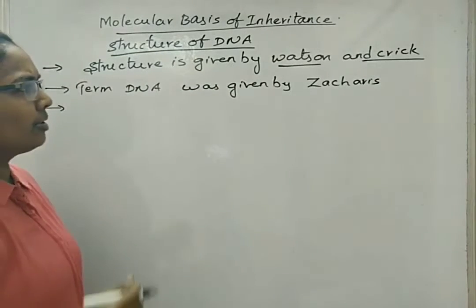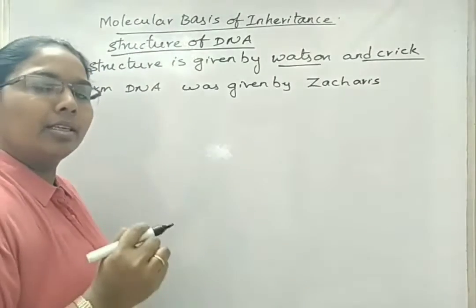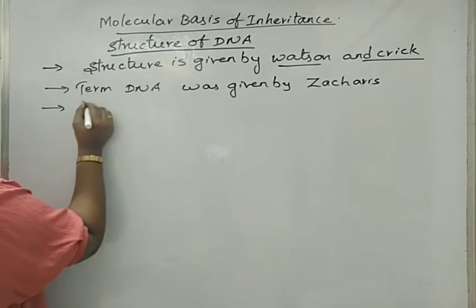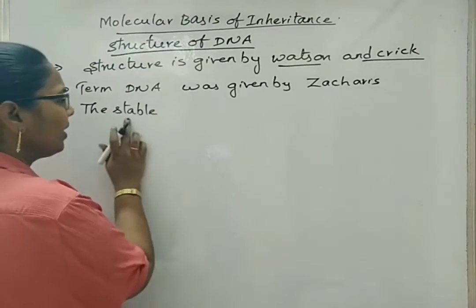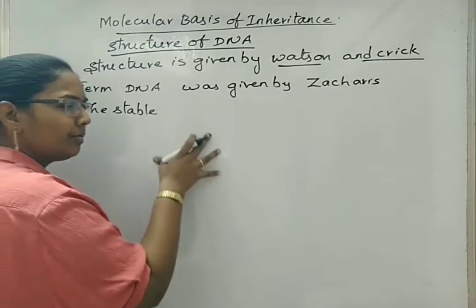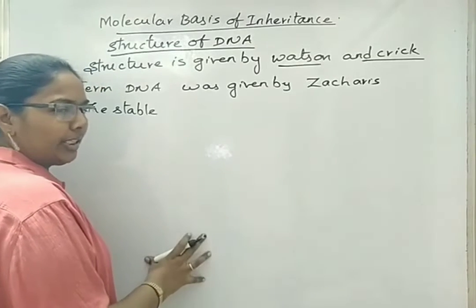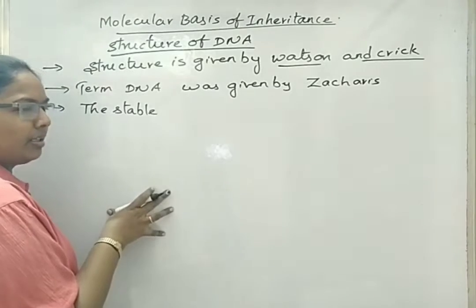The strength and stability of the DNA molecule is because of a special feature called the repair mechanism. Why are we discussing this point? Because now we are going to read about the structure of DNA, which is not going to change in the case of eukaryotes. It is very stable in its structural arrangement.